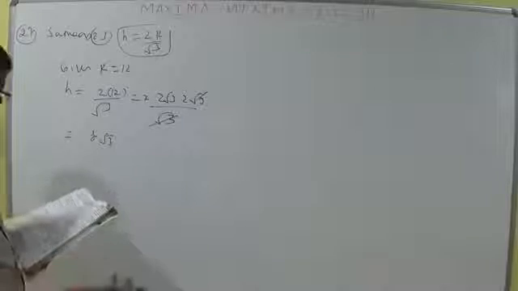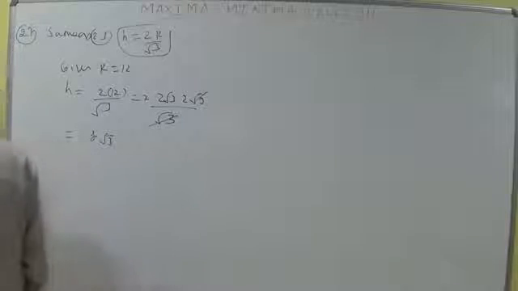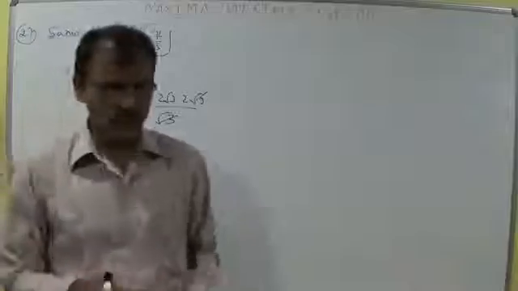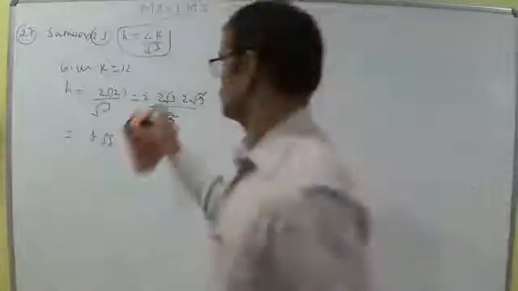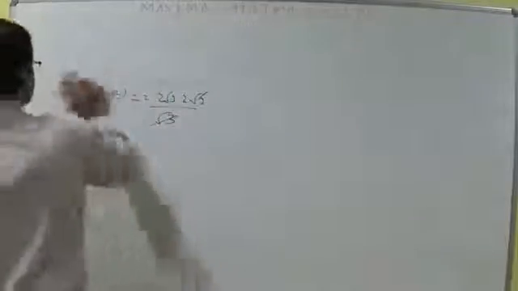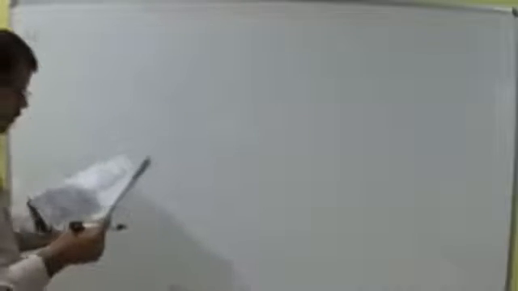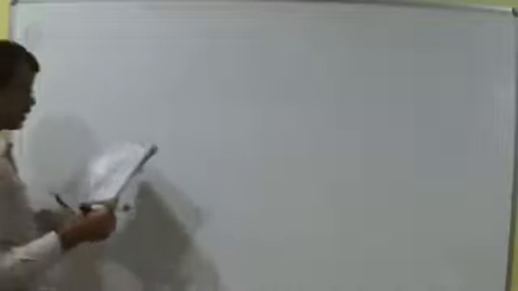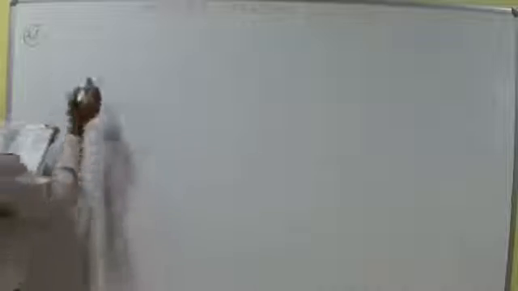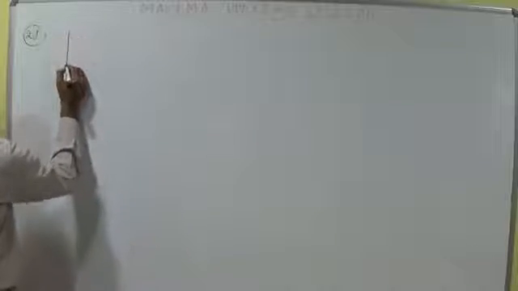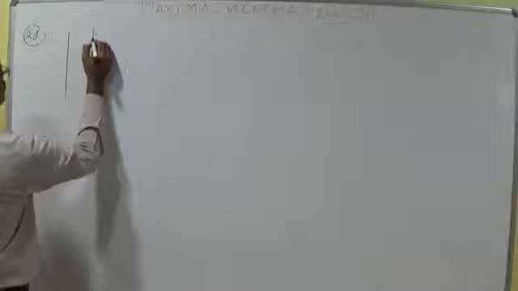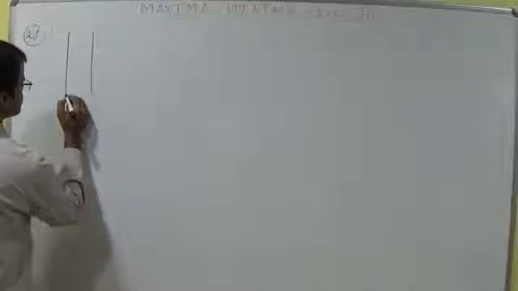Base radius is R, total height h. A closed cylinder of given volume will have least surface area. So volume is given, let V is equal to pi r square h, when the ratio of its height and base radius.